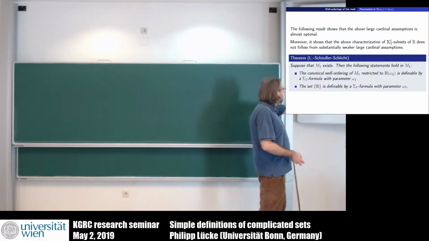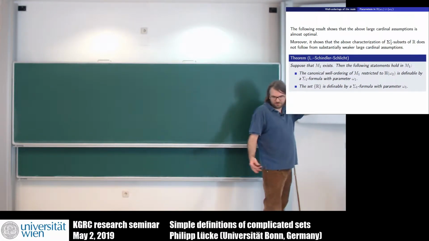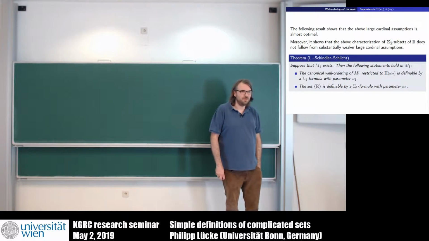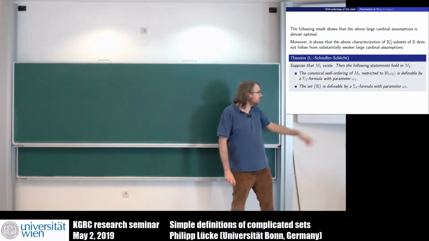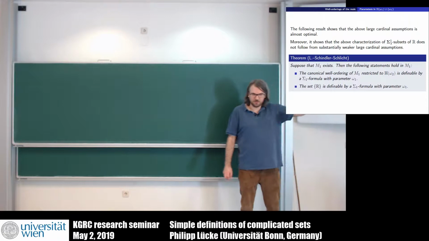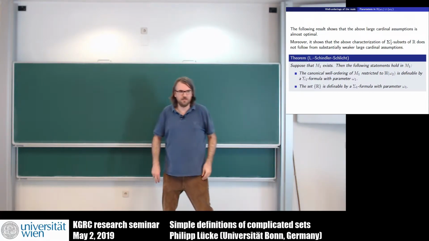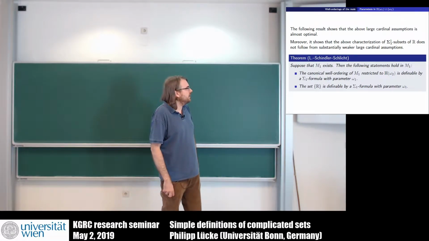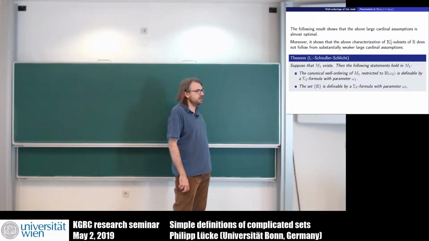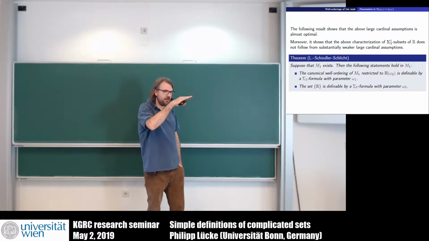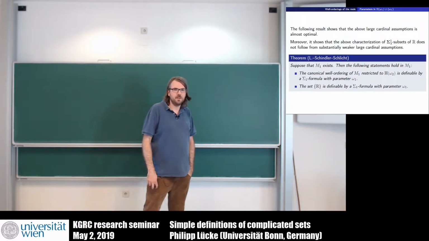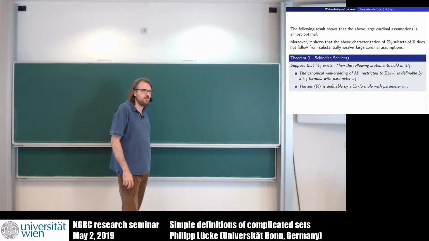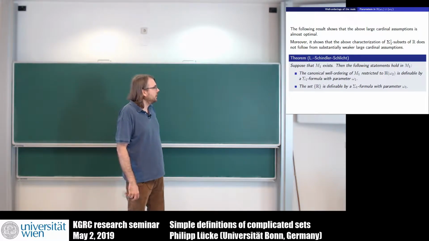So in particular, this tells us that some universal sigma 1,3 formula or pi 1,3 formula is also definable in this sigma 1 way. Because if we have the reals as a parameter, we can define all kinds of projective sets with a sigma 1 formula with parameter omega 1. So you really need the measurable above the Woodin cardinal to get this characterization and to get the non-existence of well orderings.